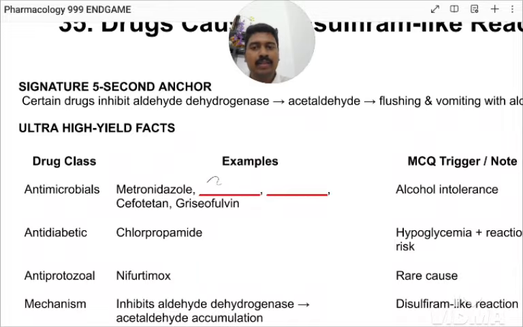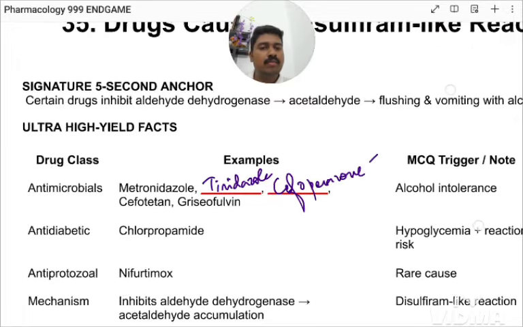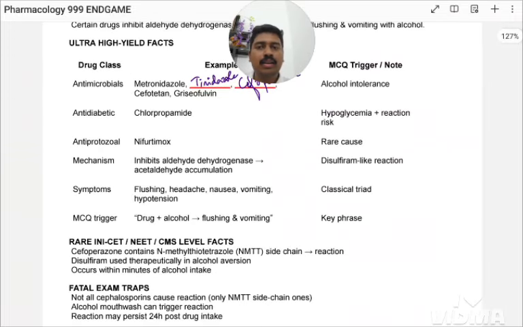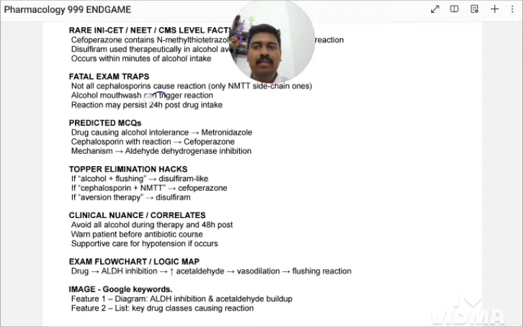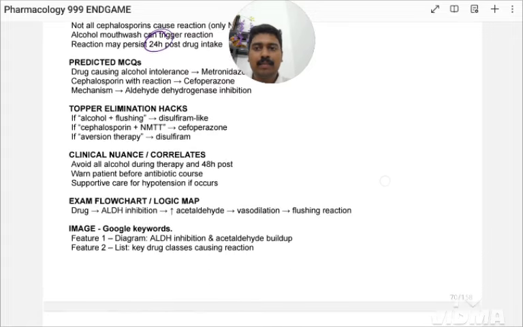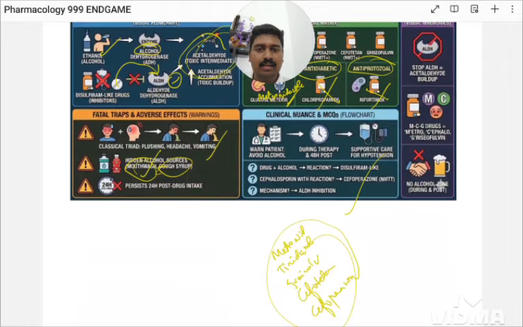Yes, metronidazole, tinidazole, then cefotetan, cefoperazone, which is a cephalosporin. Rest are chlorpropamide and nifurtimox. The mechanism I have explained, and the reaction might persist up to 24 hours. Rest you can read from this.